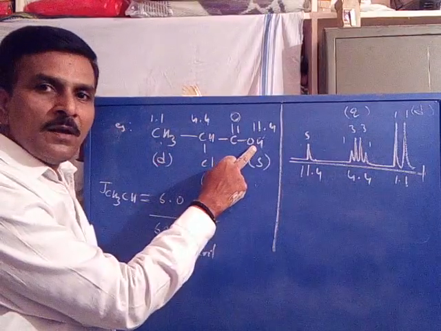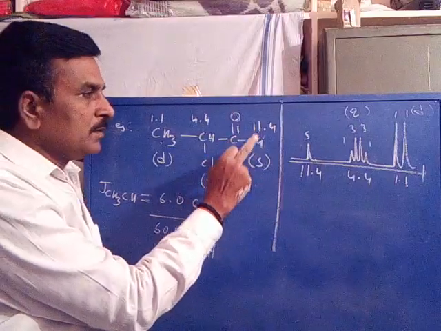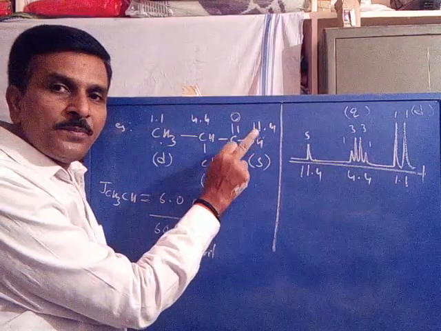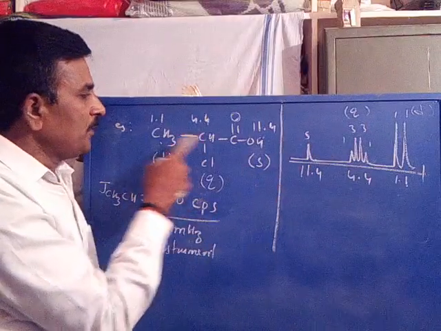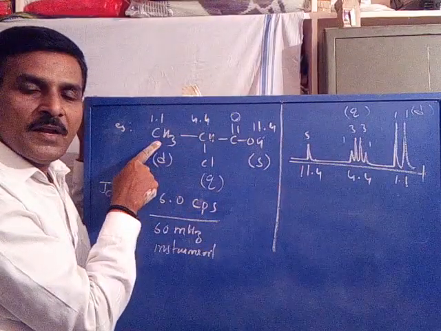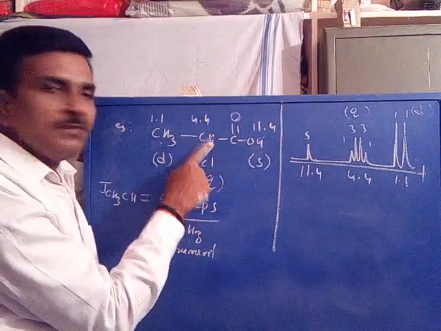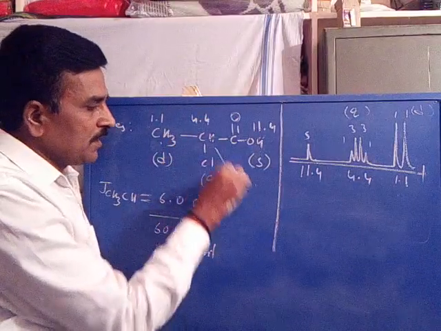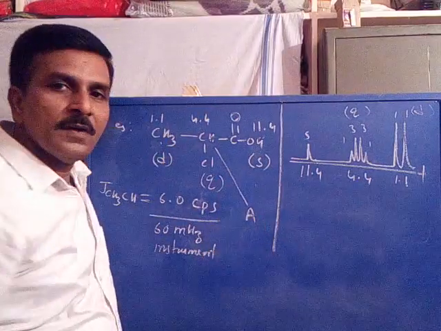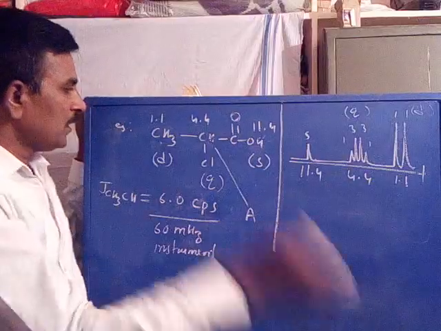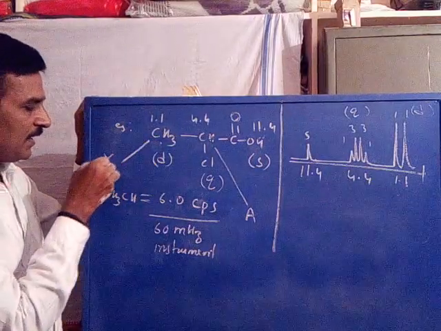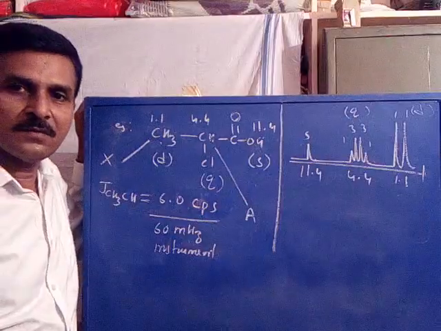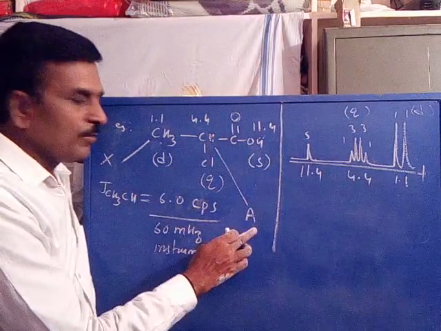So this is the uncoupled proton in the molecule. There is no designation specifically for this proton, however, the signal appears. Now coming to these two, which are under coupling. This proton with higher delta value comes under letter A. Now these are the protons with lower delta value, designated with letter X.